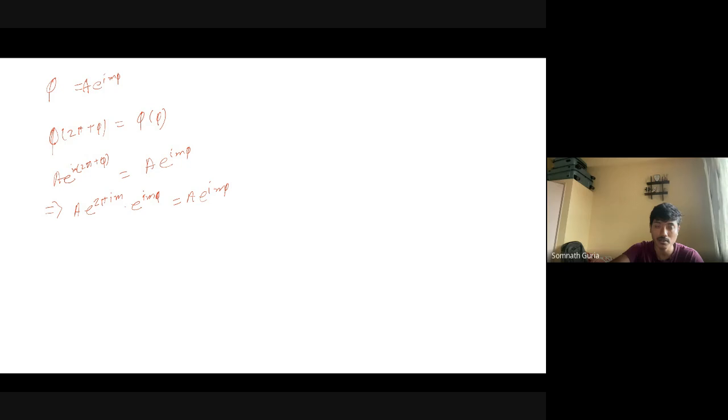If the i m phi terms cancel each other, that means e to the power 2 pi i m equals 1, right? So 2 pi cannot be 1, so that means this can be 0, then the equation is valid. So here if it is 0, we can say i m equals 0.